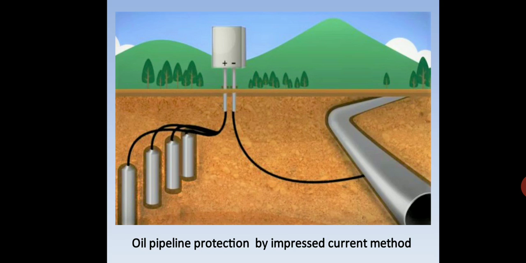So here is a diagram. As you can see here, there is an iron oil pipeline. There will be a DC power supply, to the negative terminal of which this oil pipeline is connected and made as cathode, and to the positive terminal inert anodes or graphite anodes will be connected.